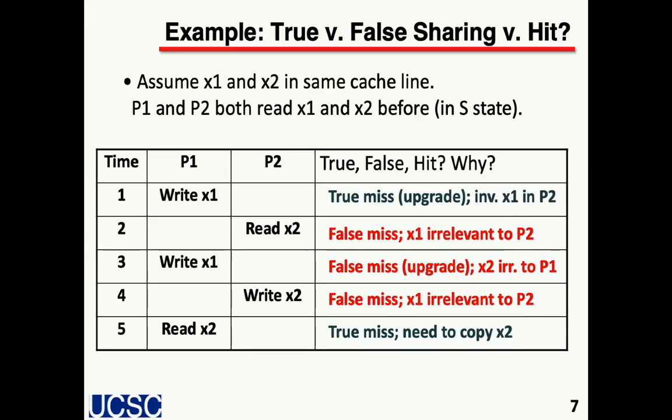OK, so for this one, for time, we have 1, 2, 3, 4, and 5. P1 and P2, right? And actually, I'll squeeze in 0. And then if I start filling in the values, initially they're both shared. Then what happens?